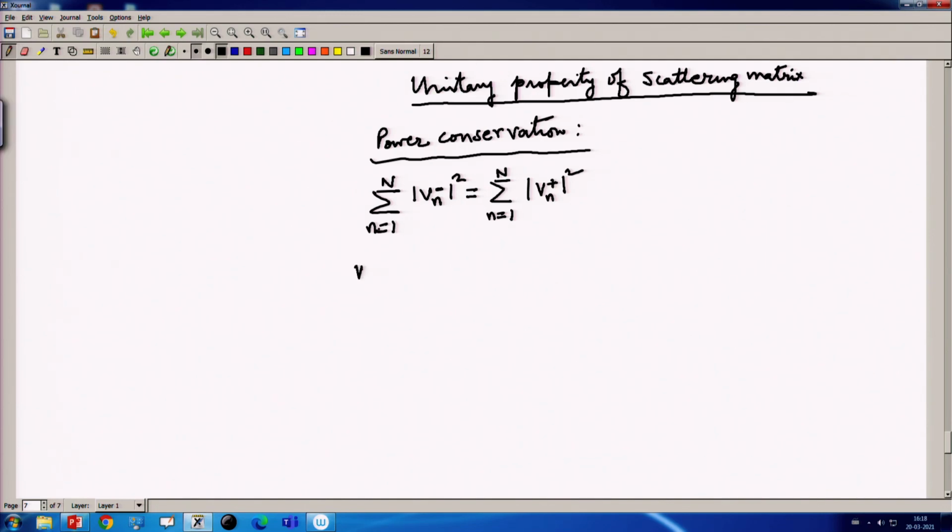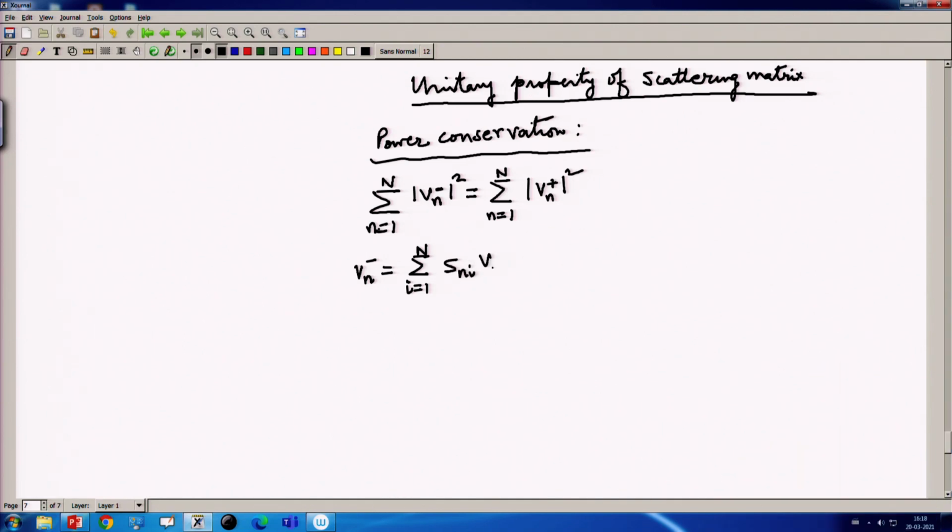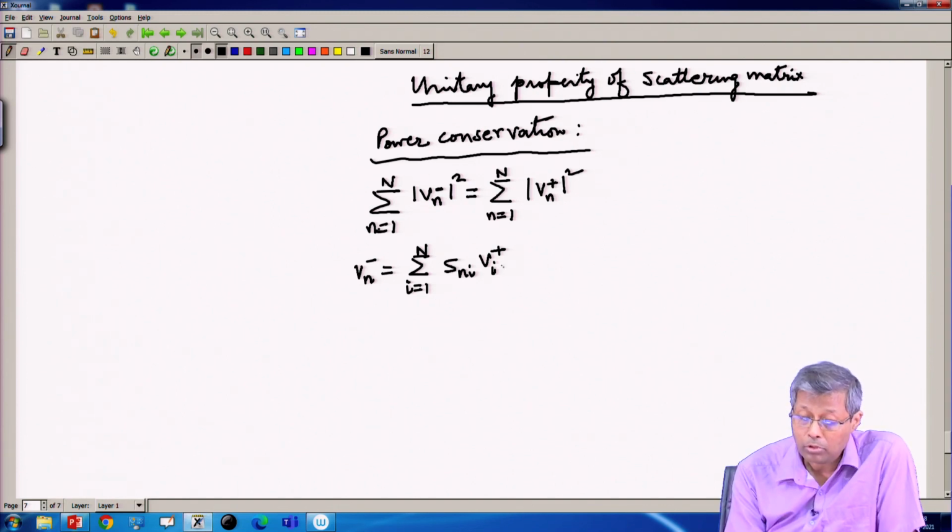So, now we know the outgoing wave at the nth port is related to all the incident waves at the other ports through this relationship, which we can obtain from the definition of the scattering matrix parameters.